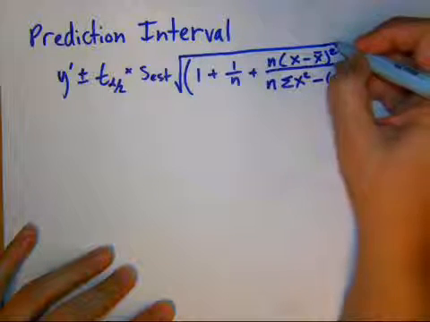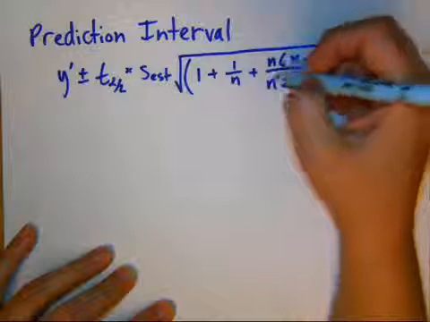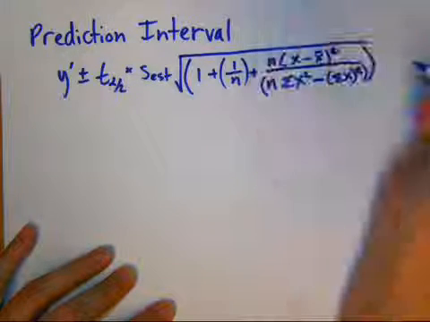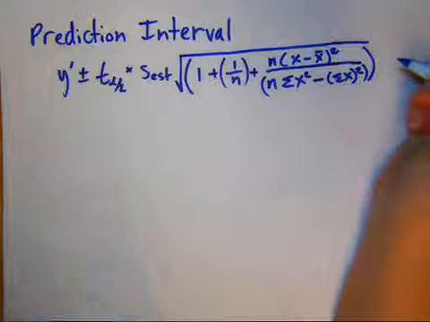Now your book doesn't put in parentheses in here, but this whole bottom piece needs an extra set, and this fraction needs an extra set in here, just to make sure you get it all in there, right?